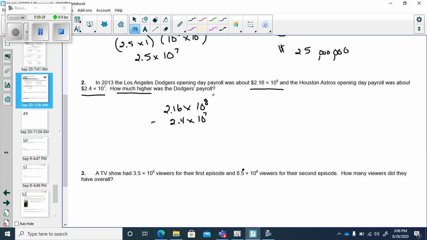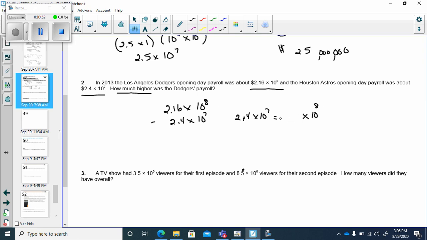If we add or subtract, we have to have the same exponent. We have to be adding or subtracting apples and apples. Let's take the smaller one and convert it. 2.4 times 10 to the 7th. And I want that to be in something times 10 to the 8th because I want these to match, okay?